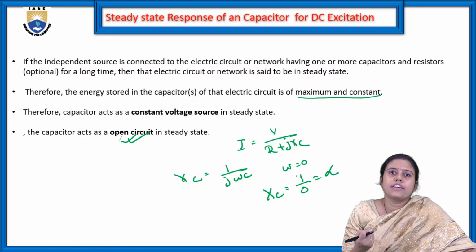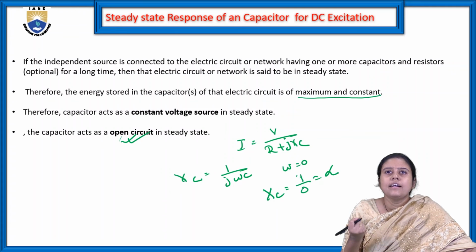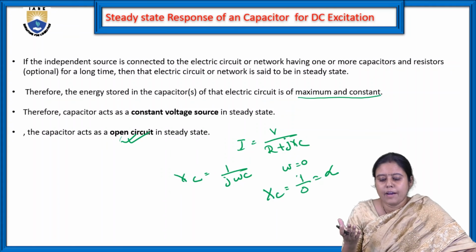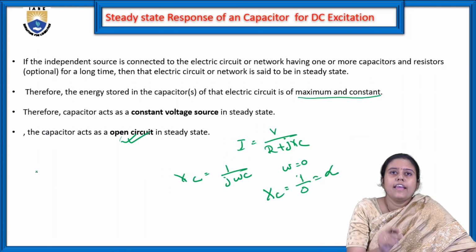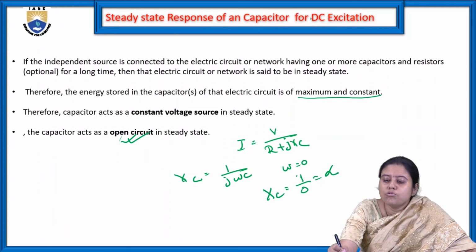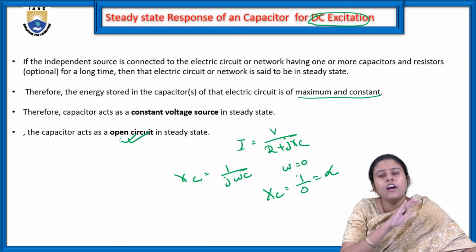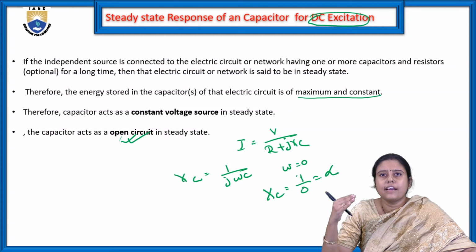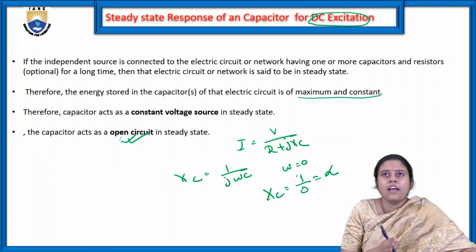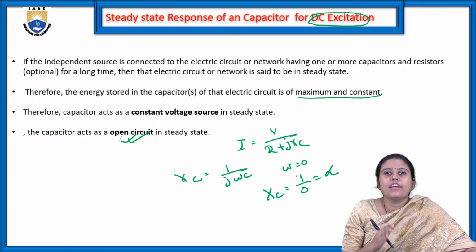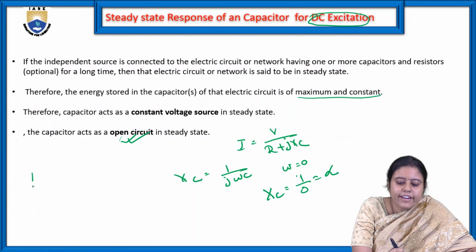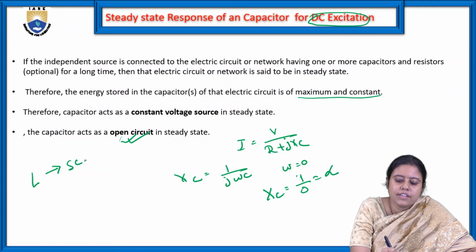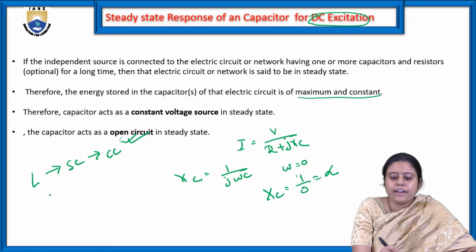What is the physical significance? It means the capacitor will behave like an open circuit. So two things we got: in a steady state condition due to the DC excitation only, not AC excitation, where frequency is always there. For a DC excitation, the inductor will behave like a short circuit and constant current source.